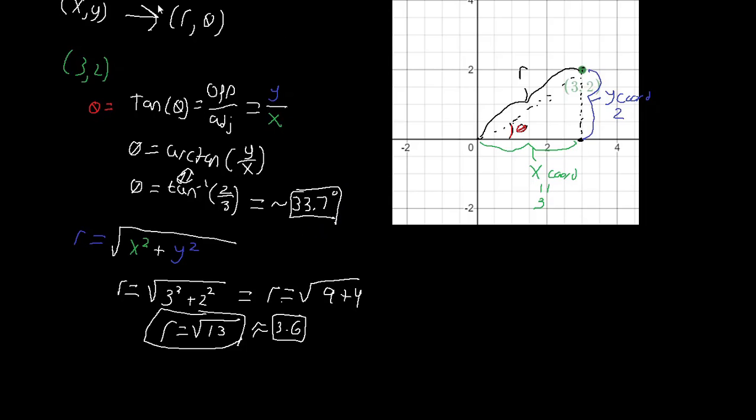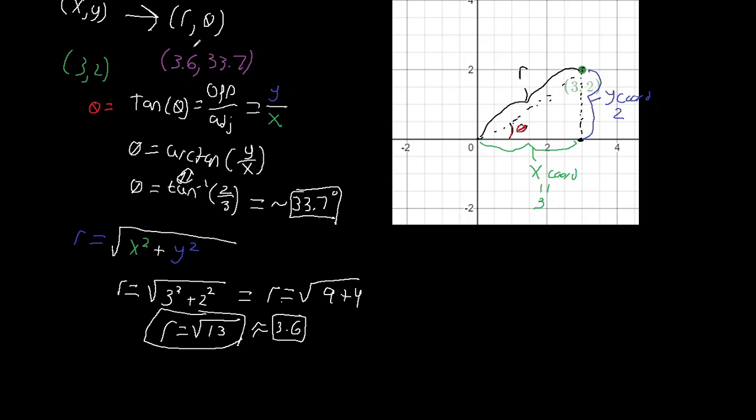So, circling back up to our original problem, our r and our theta is going to be 3.6, comma, 33.7.